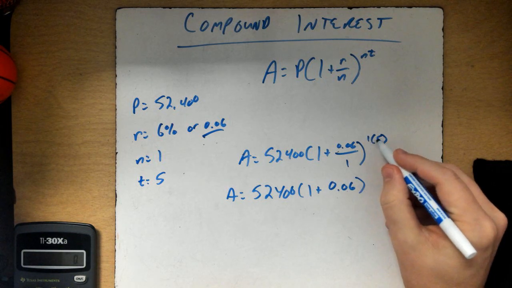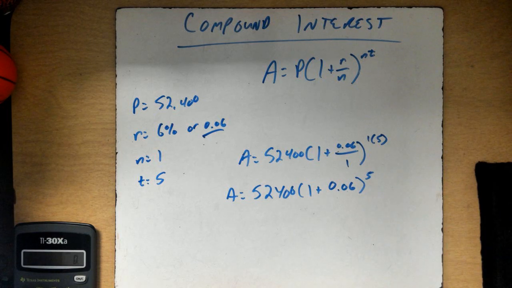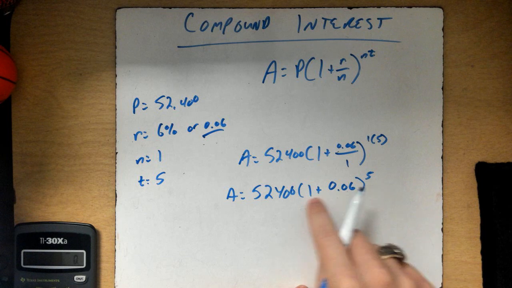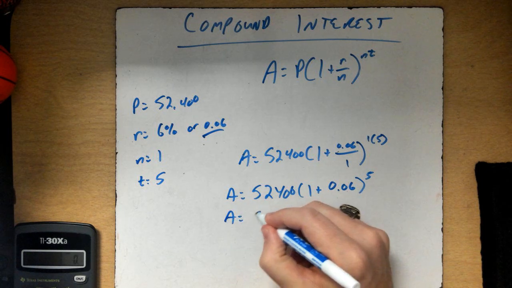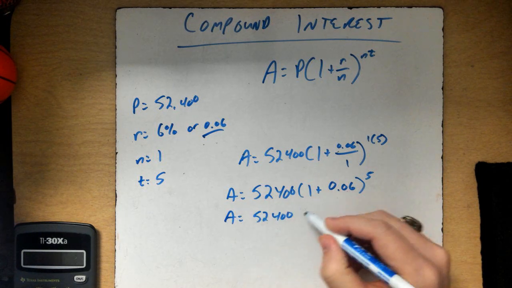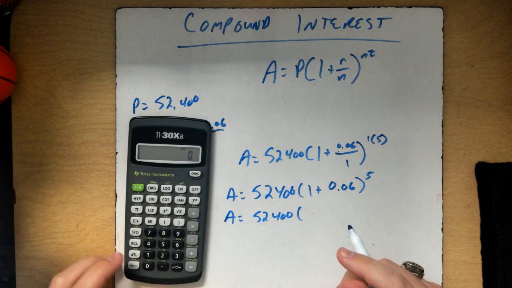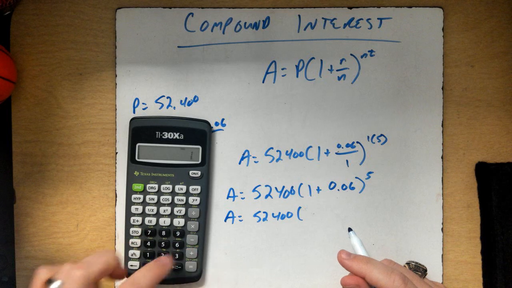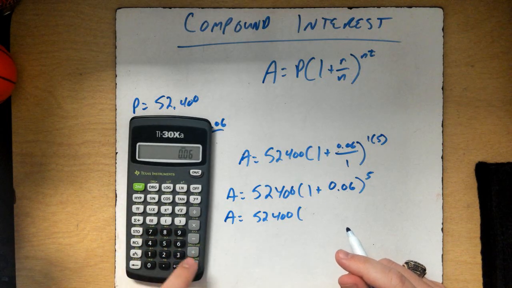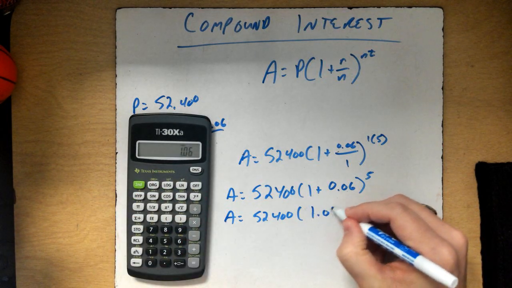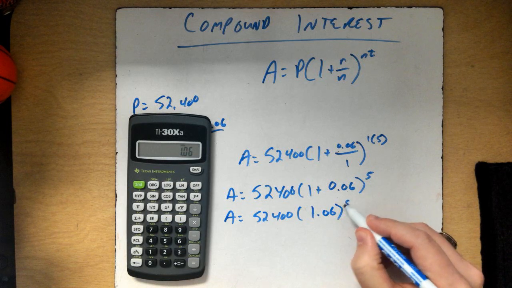And then out here, 5 times 1 is 5, right? Now, we're going to do our parentheses. We're going to add these two together here. So 52,400, and then 1 plus 0.06. If you need to put that in the calculator, you can. You could do 1 plus 0.06, and we get 1.06. All right, and then it's going to be to the 5th power.